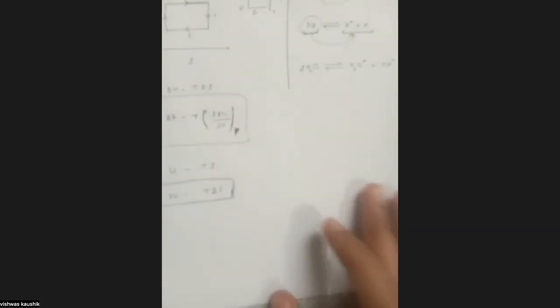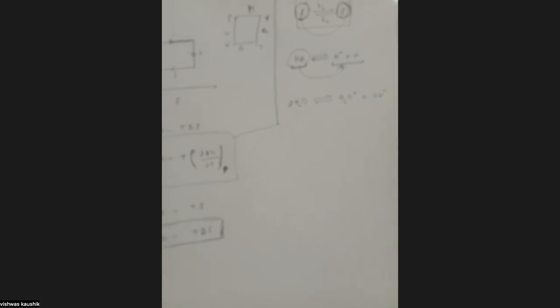What is the difference between static and dynamic equilibrium? Dynamic equilibrium is that equilibrium in which the reactions are taking place, but the rate of forward reaction and rate of backward reaction are the same. But in static equilibrium, there are no reactions; the reactions are completely stopped.